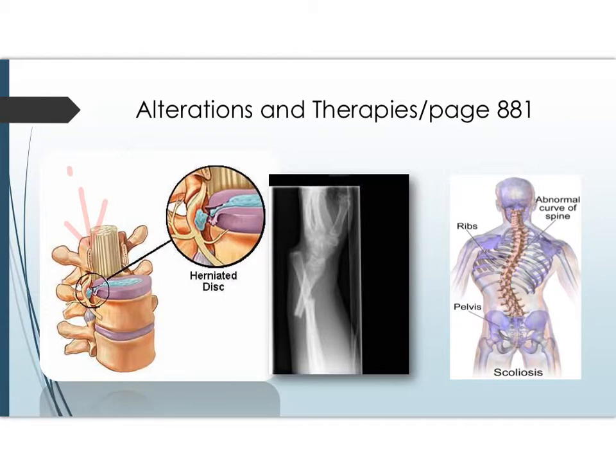This is all dependent on which level the herniated disc is located at. And so when you're looking in the book, it gives you signs and symptoms, and then it tells us what we need to do as far as treatment for the herniated disc.